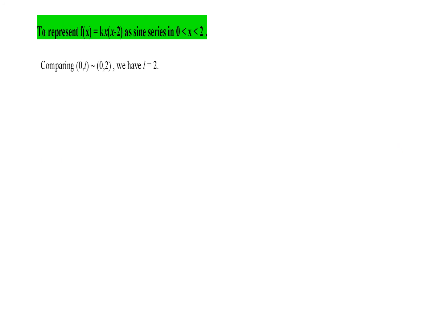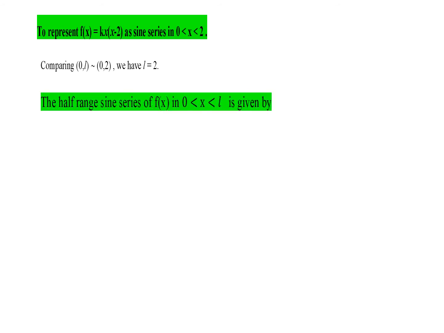Now let us move on to the mathematical computation of the sine series to represent that given function. So here the given function is kx into x minus 2 in the interval 0 to 2. Usually in the half range series, the general interval is 0, comma L. Comparing that with 0, comma 2, we get L equal to 2.